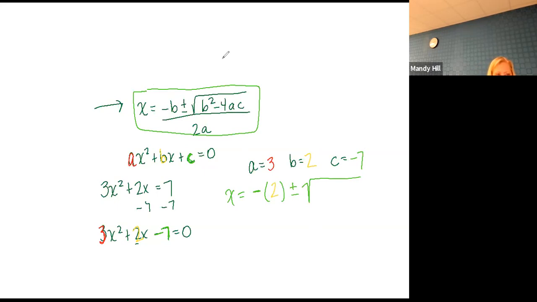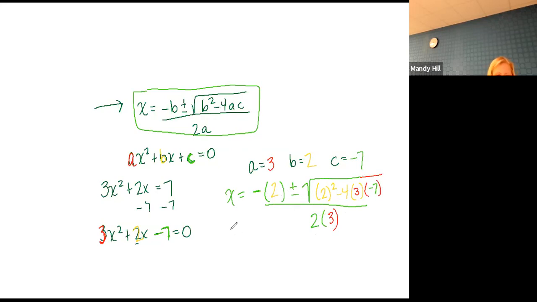Now I'm plugging in B again, and B is 2 squared. And then we've got minus 4. I'm just following my formula. And then it says times A. Well, A is 3. And then it says to plug in C. And C is negative 7. So I'm plugging this stuff in this formula. On the bottom, we've got 2 times A. And A, we said, was 3.